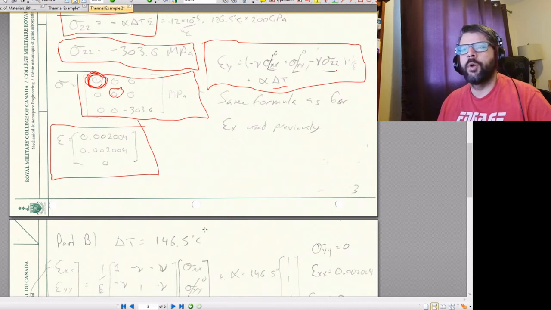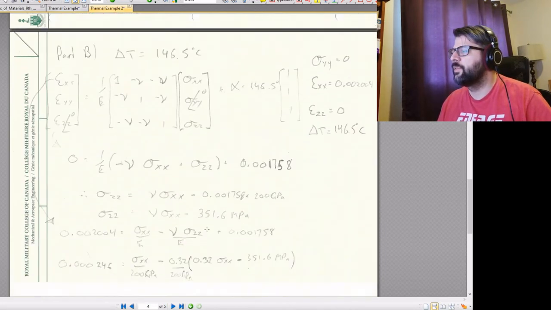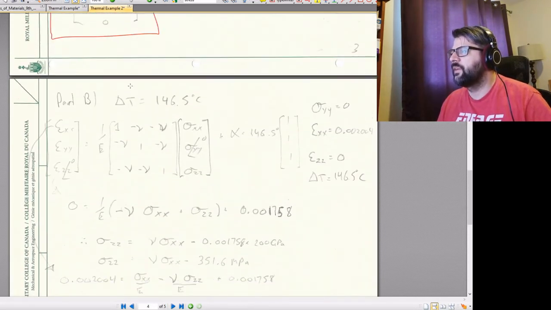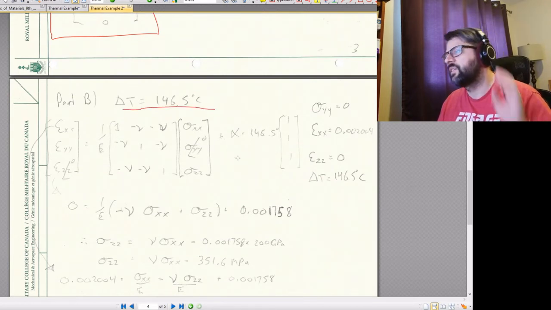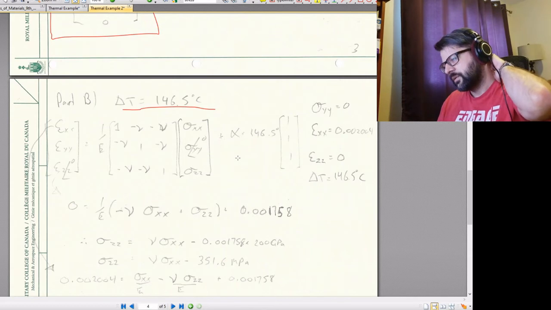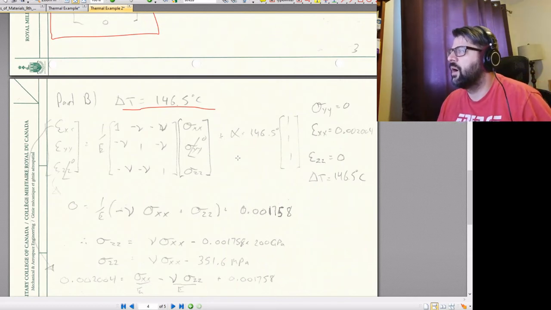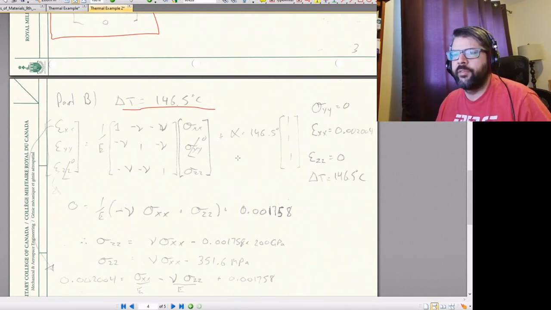So part B though, what happens if we instead decide to ramp up the temperature a little bit more? So we're increasing it to 146.5 degrees Celsius delta T, again from whatever the baseline was.